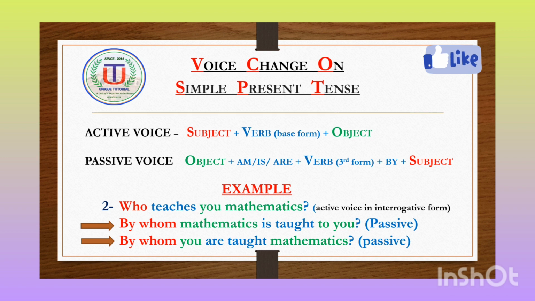Here mathematics is the object. Then there will be an auxiliary verb, that is are. Then third form of teach is taught. Then the subject, that is you. So as the sentence is interrogative, the passive form will be: by whom are you taught mathematics.